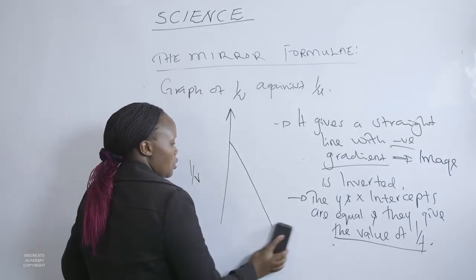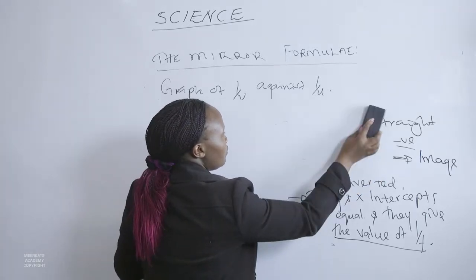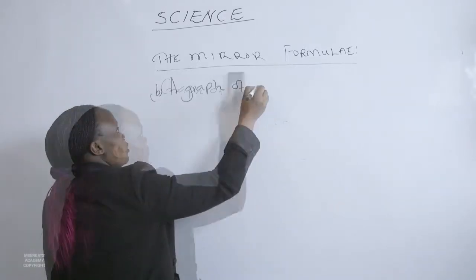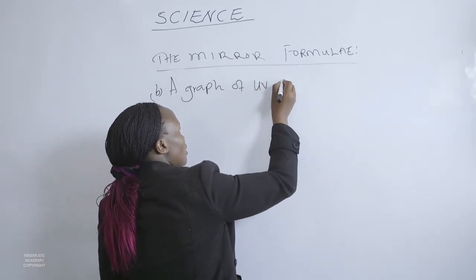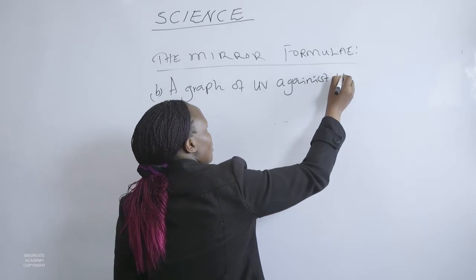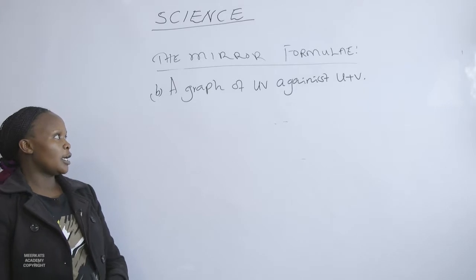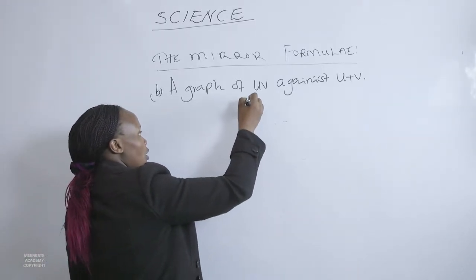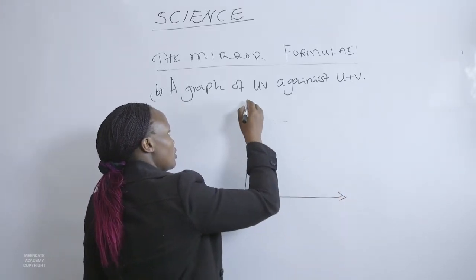Now, we could also talk about another graph, a graph of UV against U plus V. Again, we sketch this graph.